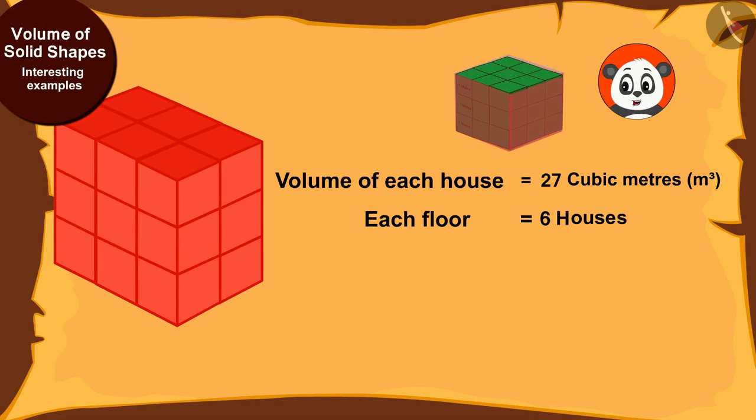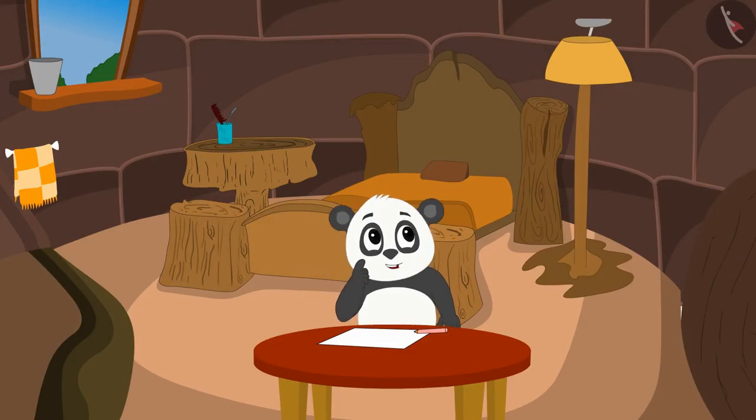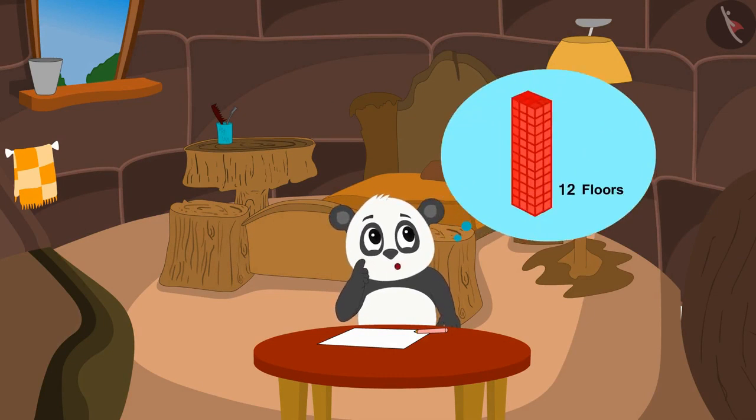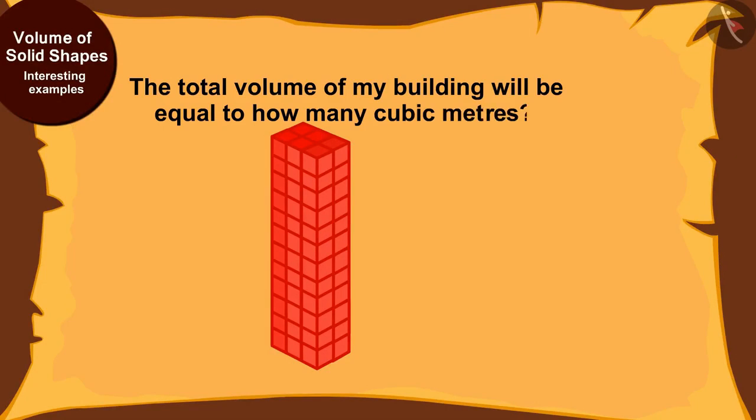This will mean the total volume of the lowest floor will be 6 times 27, that is 162 cubic meters. And if I make 12 floors in my building, the total volume of my building will be equal to how many cubic meters?